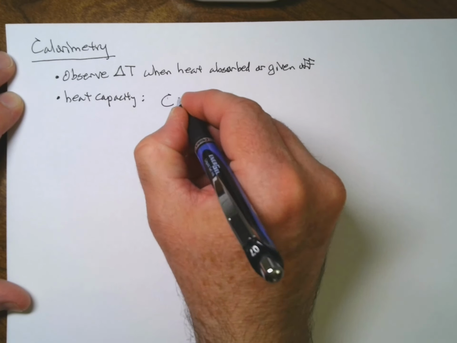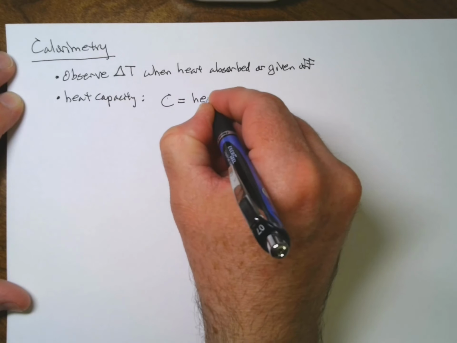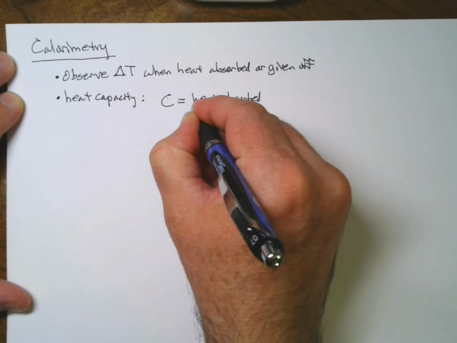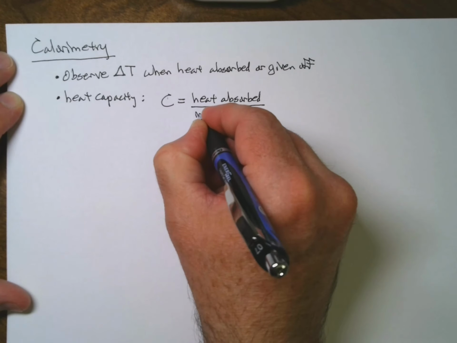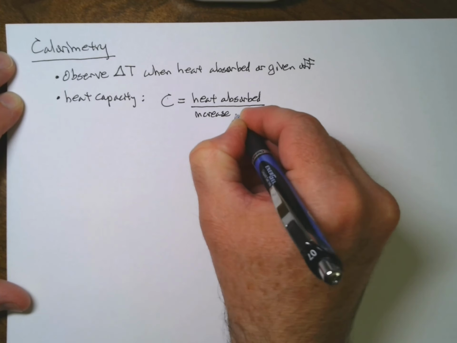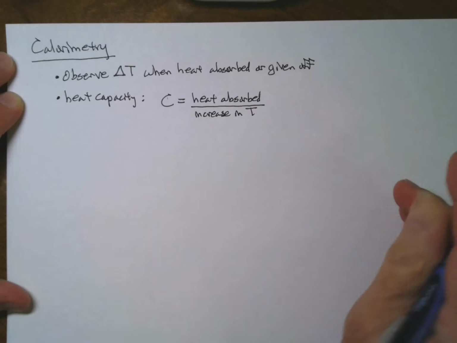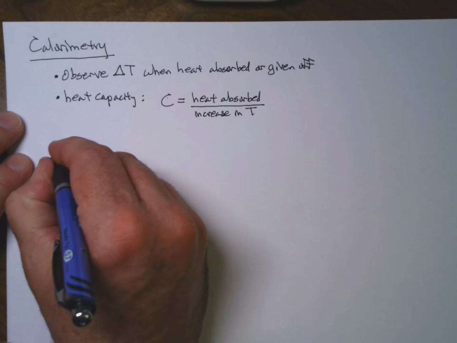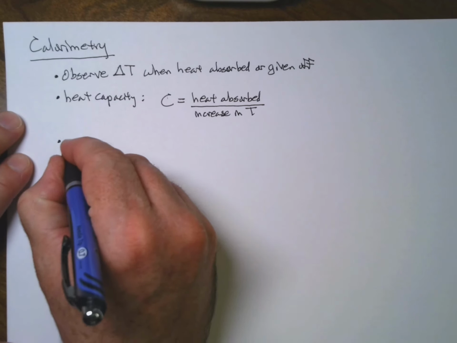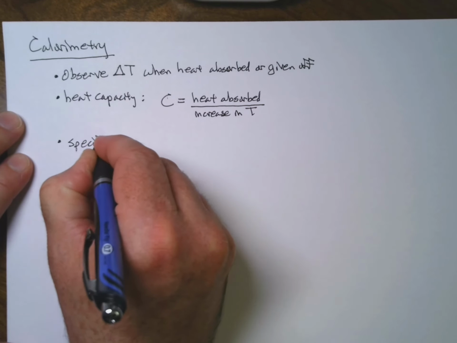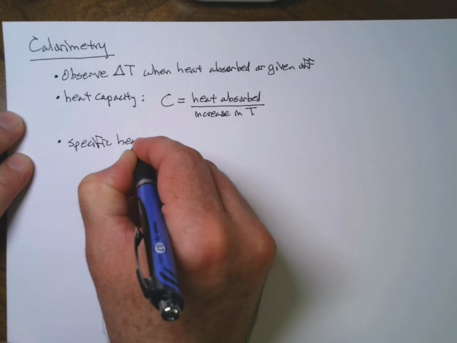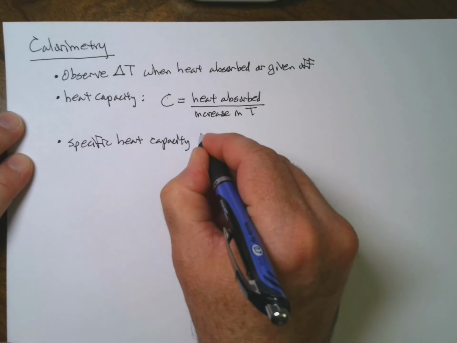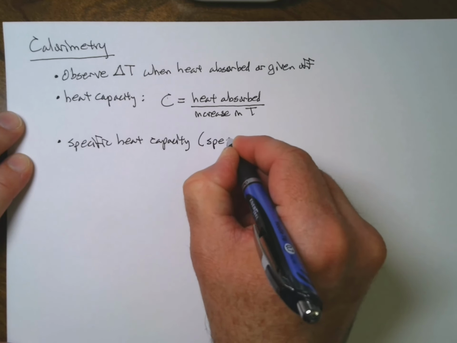We'll call that big C, and that's going to be our heat absorbed divided by our increase in temperature, delta T. But the amount of substance is important, so we're going to use specific heat capacity, sometimes just called specific heat.